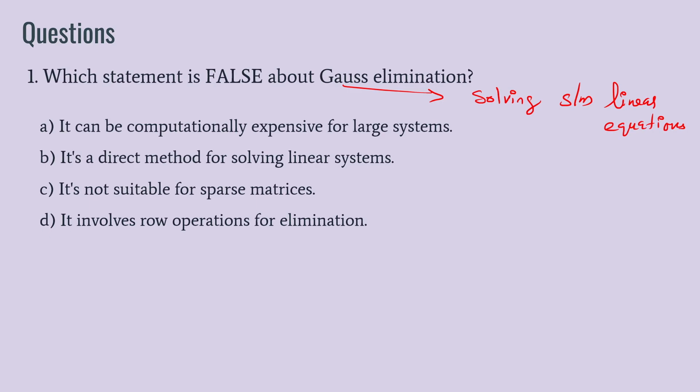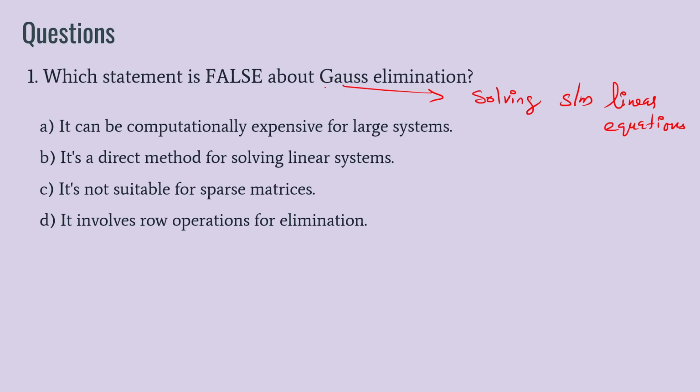So we can check the options one by one. In Gauss elimination, what's being done is we will be doing row operations to eliminate some of the elements so that it becomes easy to solve for the unknowns.